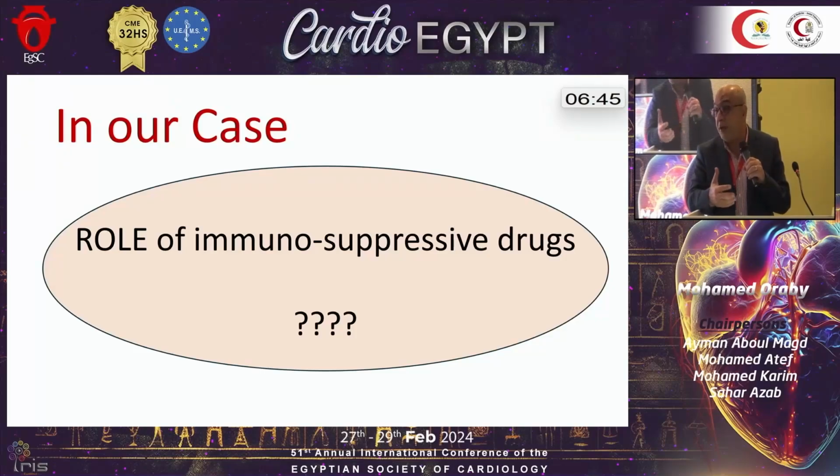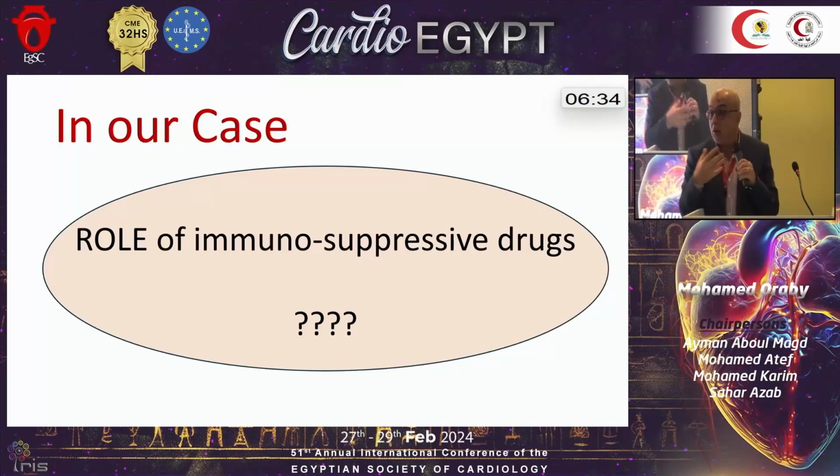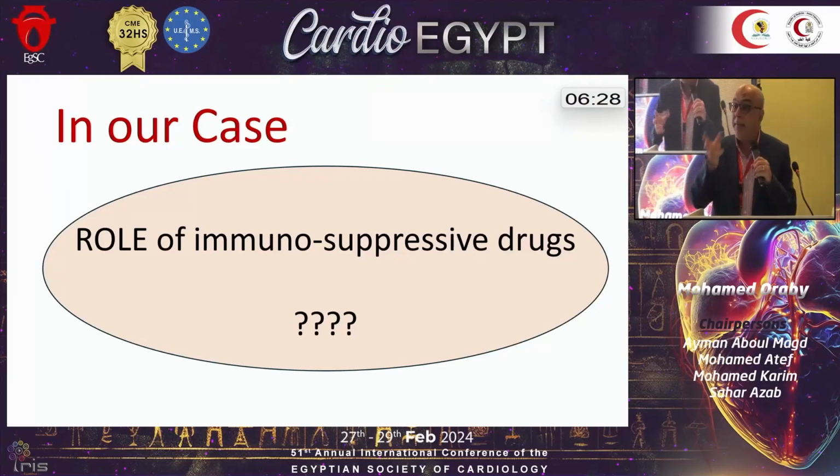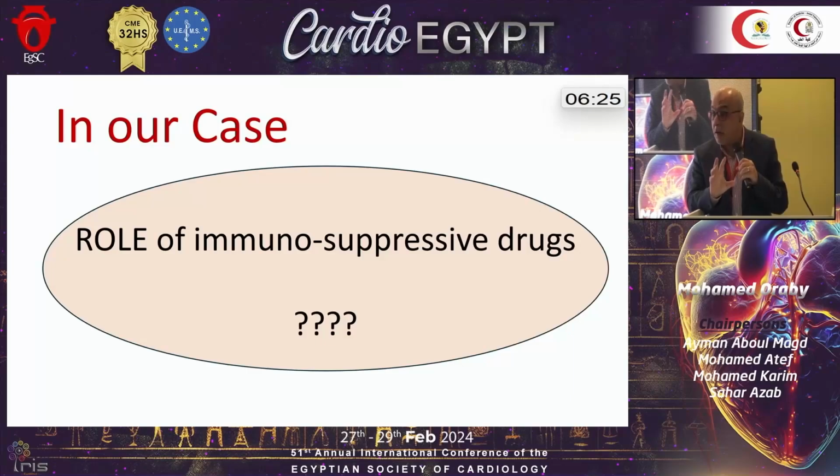If the patient does not remember a prominent history of febrile illness, conjunctivitis, arthritis, and skin rashes, mostly it has a very fulminant clinical presentation that cannot be missed. But if it has been missed, I am again questioning the role of starting immunosuppressive agents at this complicated stage.